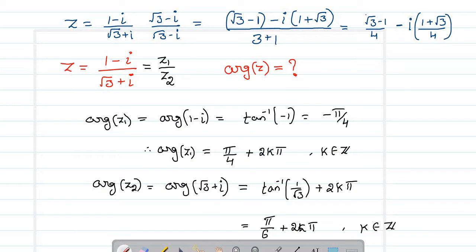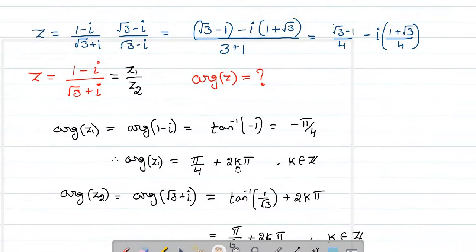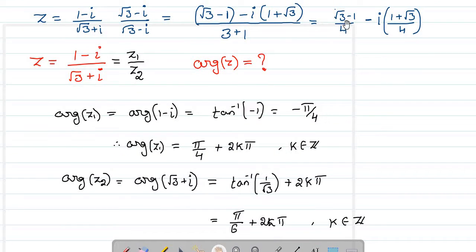Okay, so from this you can conclude something. The tan inverse of this is going to be pi by 6. From this you can actually say that not pi by 6, minus 5 pi by 12, will be equal to tan inverse of y by x, that is minus of (1 plus root 3) by (root 3 minus 1).